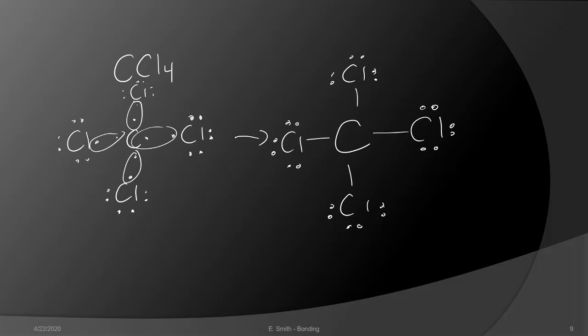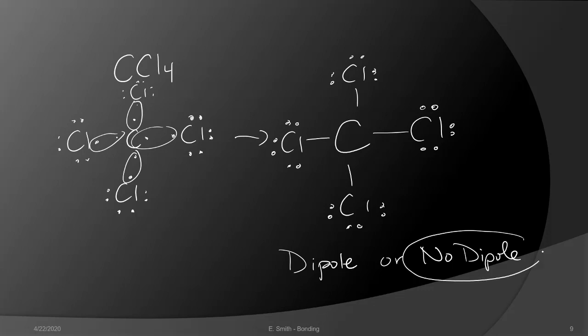But here's the key. Is there an equal distribution of chlorines around here? So my question is to you, do you think that this has a dipole or no dipole? If you chose no dipole, you are correct. And you're going, yes, 50-50, I got it right, but I don't know why.